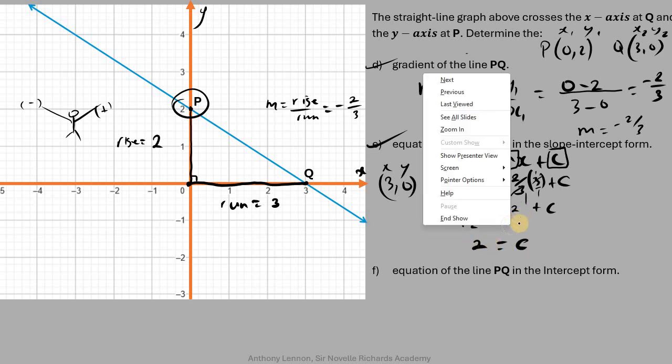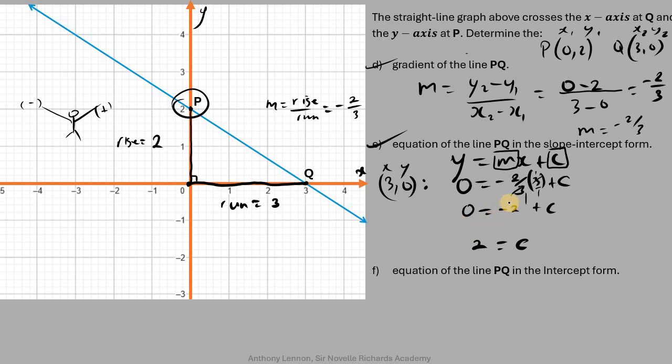Another way you could look at it is if you were to transpose this negative 2 to the other side, then you'll have 0 plus 2. And now c will be isolated on this side. And 0 plus 2 is actually 2. So c is equal to 2. And so now we can actually rewrite the equation. Y equals the gradient, which we found, negative 2/3, x, and the c value is positive 2.